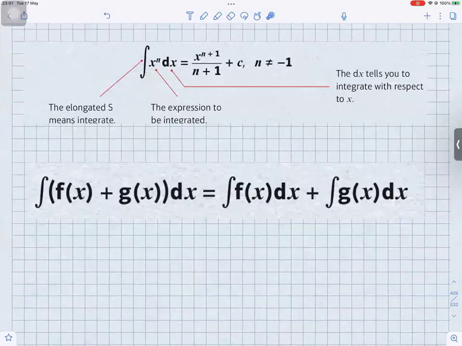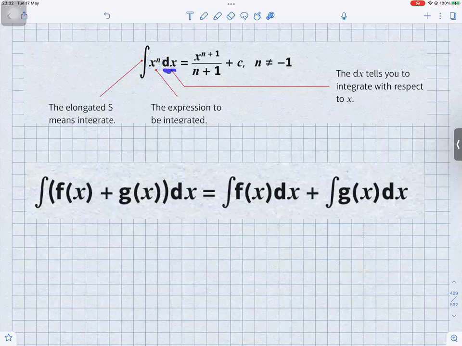Indefinite integral. This symbol, an elongated S, means integrate. So you're integrating x to the power n. The expression to be integrated is written in between that elongated S and this dx.